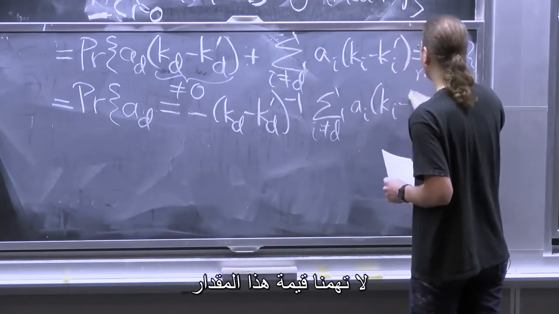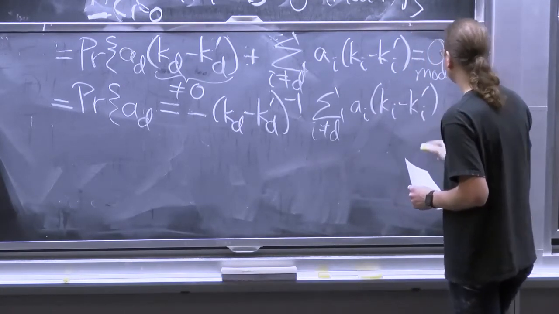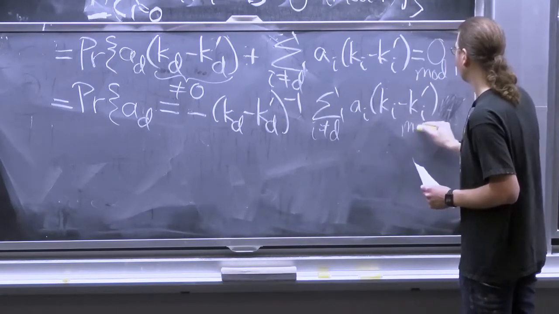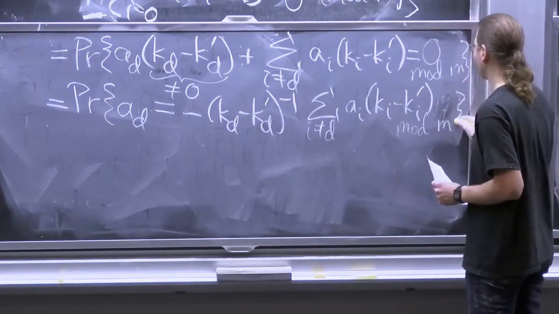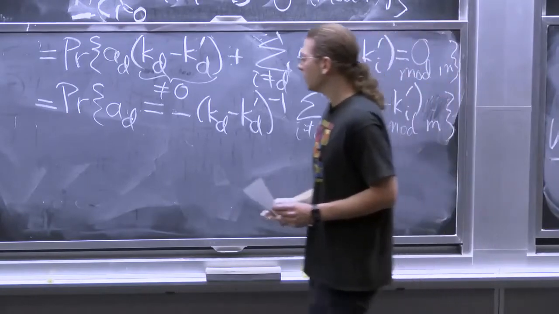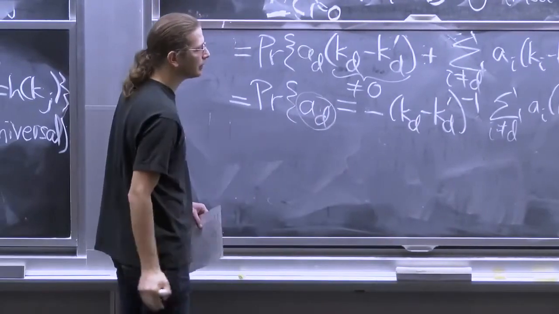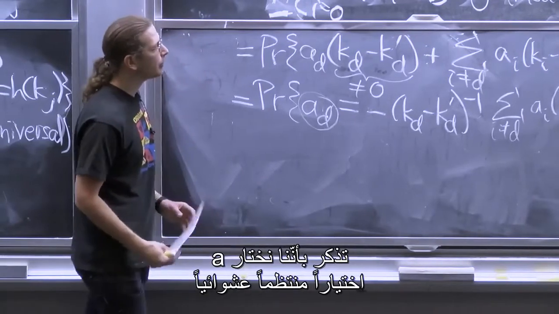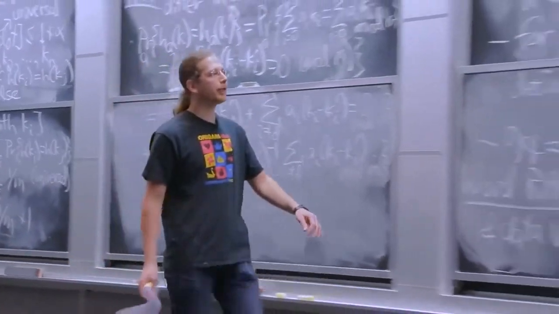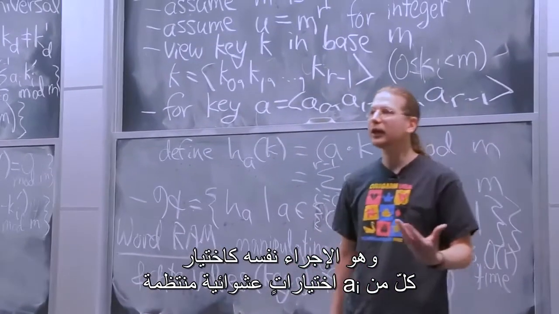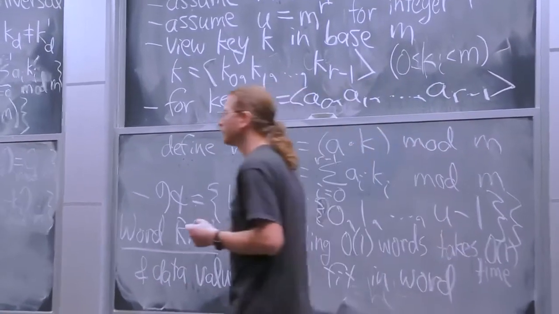I don't actually care what this is too much. I've already done the equals part. Still need to write mod m. Okay, the point is, this is all about AD. And remember, we're choosing A uniformly at random. That's the same thing as choosing each of the AIs independently, uniformly at random.